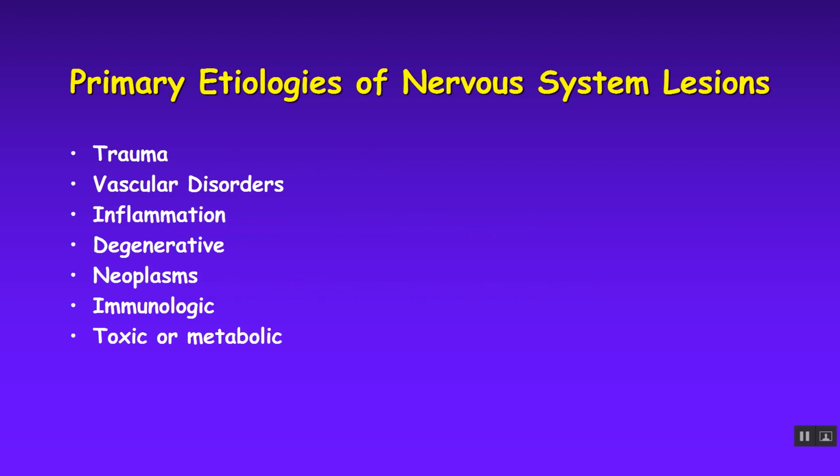Then we have specific etiologies that lead to these lesions, and these are the classifications. You can pretty much classify any specific individual pathology under this type of an etiology. So one is trauma, some type of trauma that is disrupting, tearing, or killing off cells, neurons or nerves, or peripheral nerves being traumatized.